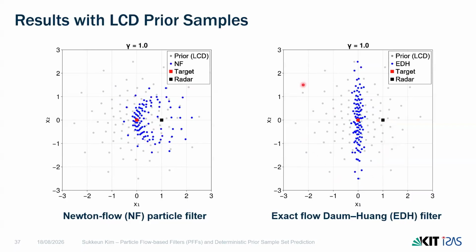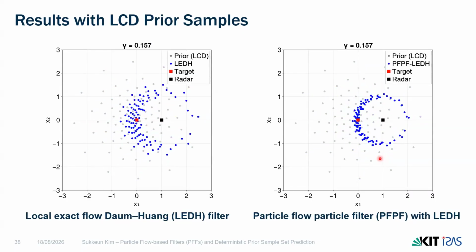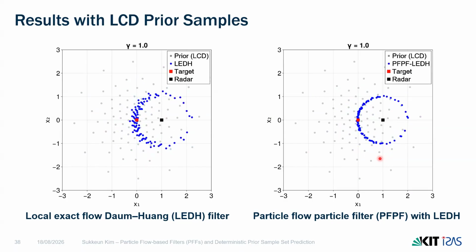But there's a really interesting result from the EDH here. This is happening because the Jacobian at the mean just becomes -1 and 0 for this case, which is not ideal. But luckily, the local EDH, which calculates the Jacobian for every sample point, solved the problem.